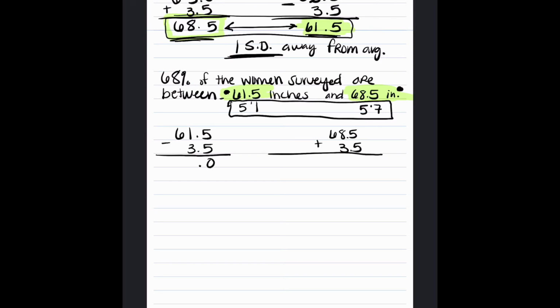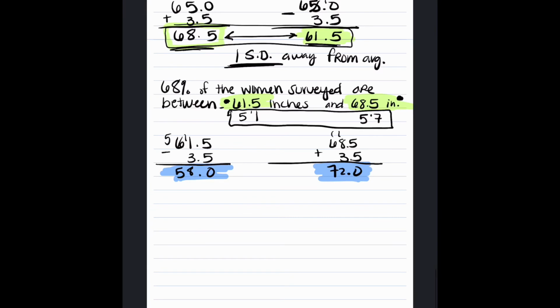This becomes 58, and this becomes 72. So 58 inches and 72 inches are 2 standard deviations away from the average. Remember, the average was 65.